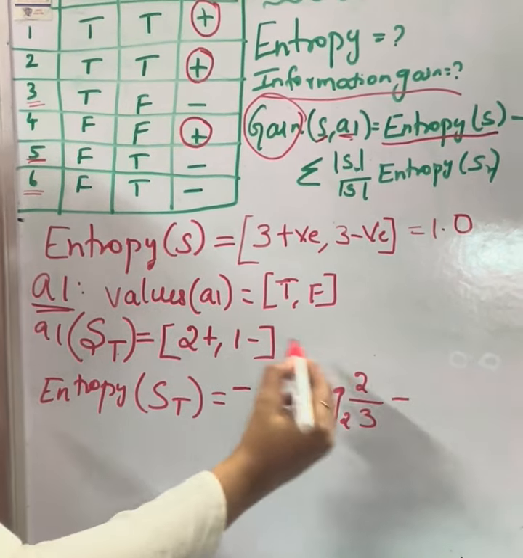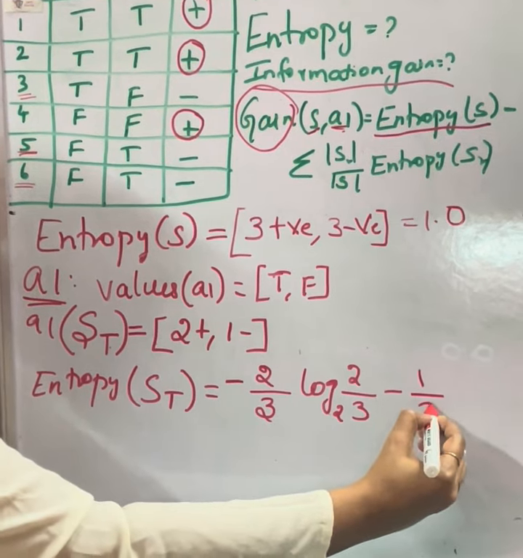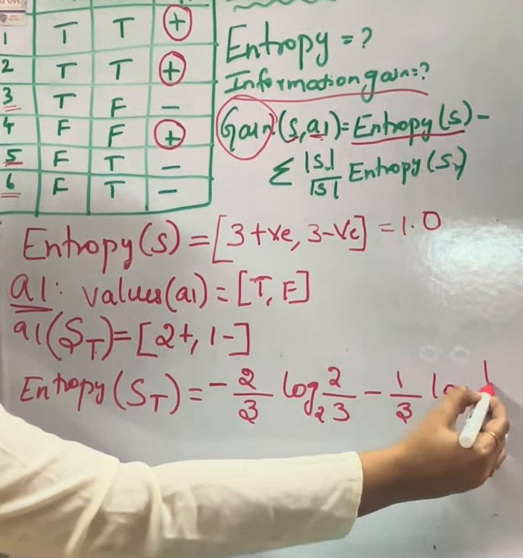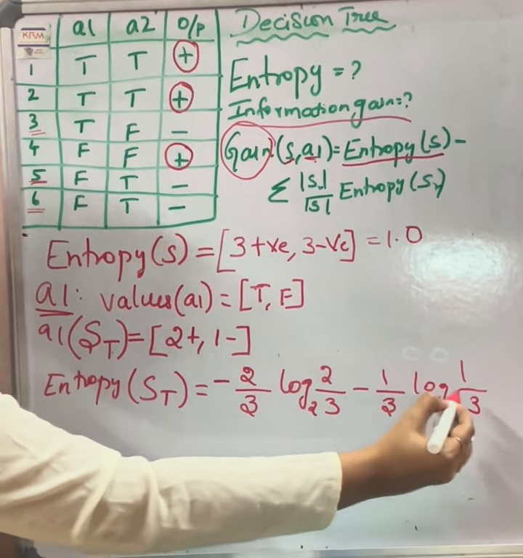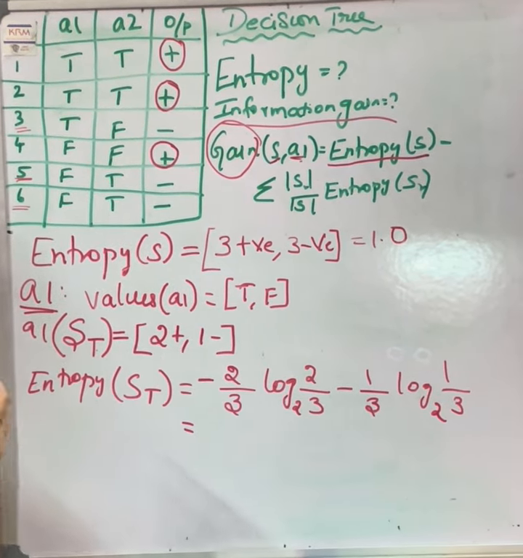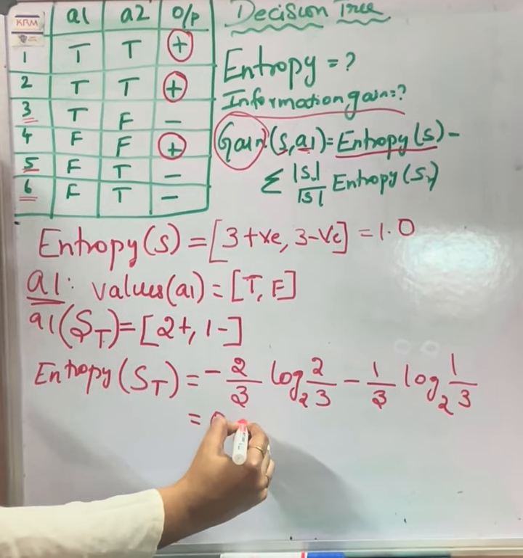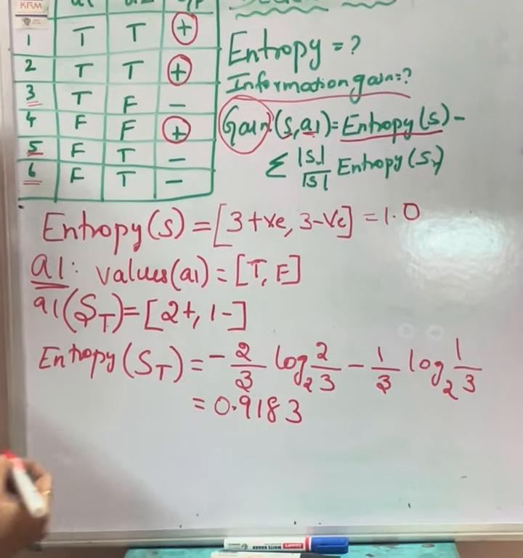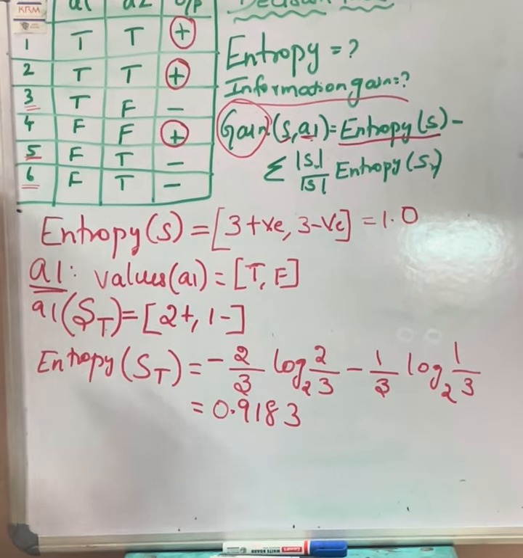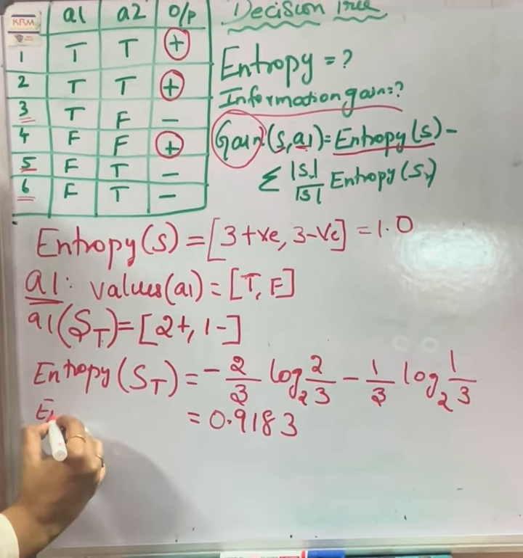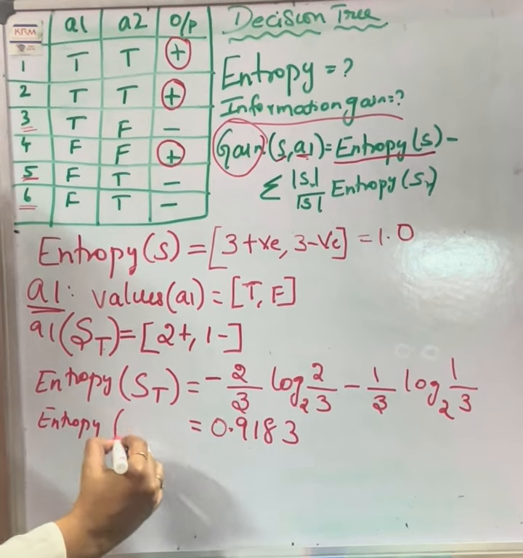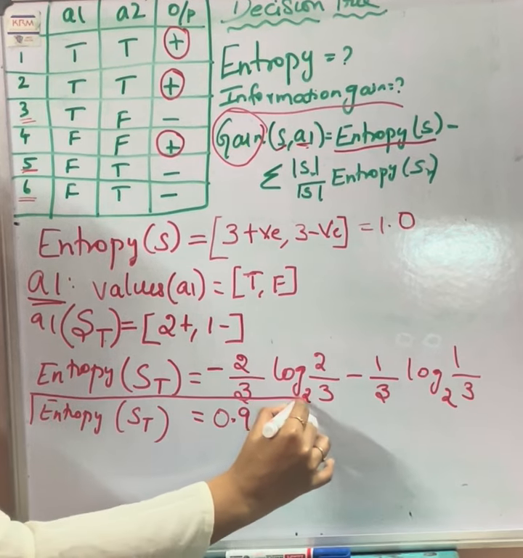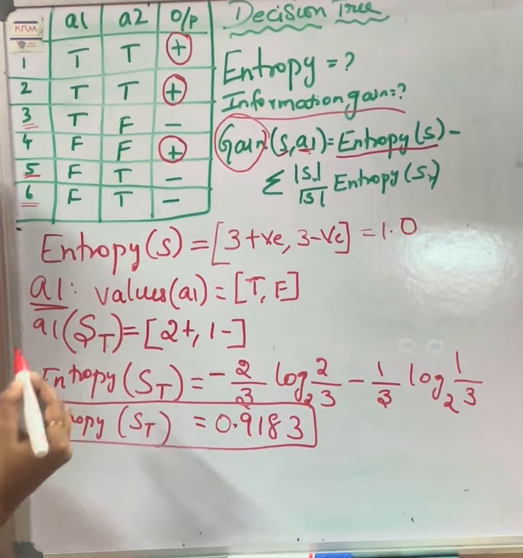And here the negative value is minus 1 divided by the whole sample, which is 3, log 1 by 3 with base 2. So if I calculate the value of this, then it will give me the value of 0.918. So this is the entropy of ST, the sample true contributions from A1 with respect to the outcome.